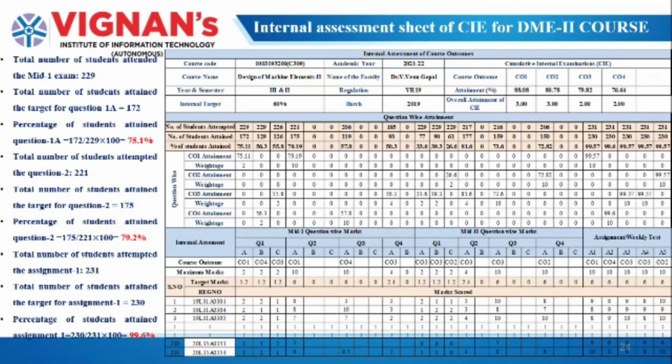Sometimes we have 5 units but only 4 COs, which means definitely one CO covers 2 units. Sometimes each CO covers 2 units. That will vary from course to course.